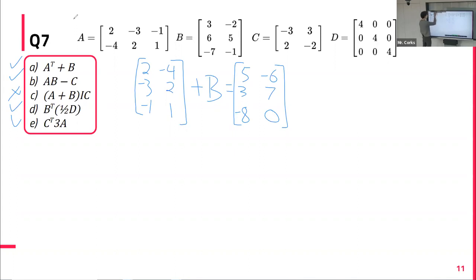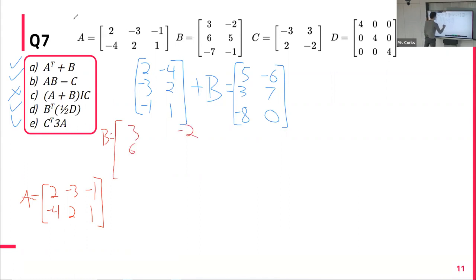Let's do the next one. A times B first. A is 2, -3, -1, -4, 2, 1. And B, 3, -2, 6, 5, -7, 1.